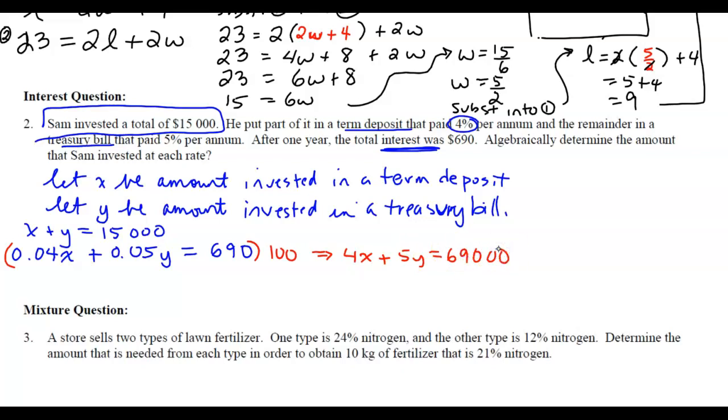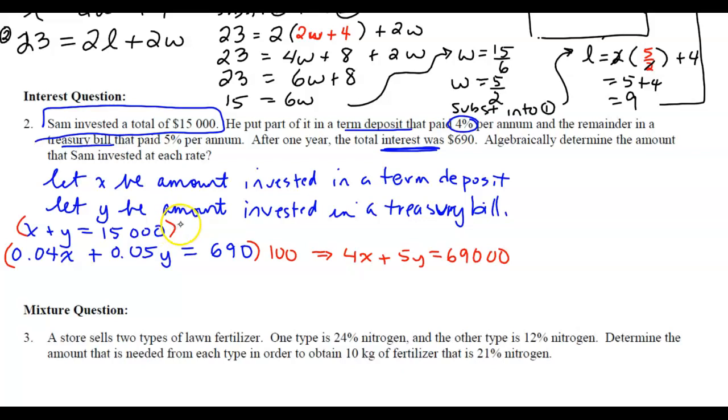Now if I want to use elimination, I need to multiply this one by something to eliminate one of the variables. So I could either multiply by 4 to eliminate X or 5 to eliminate Y. If I multiply by negative, then I can add rather than subtract. So kind of up to you.